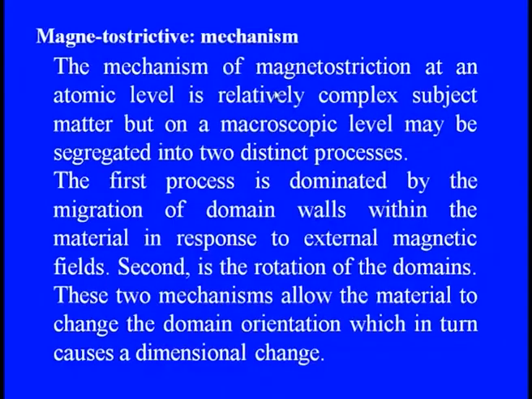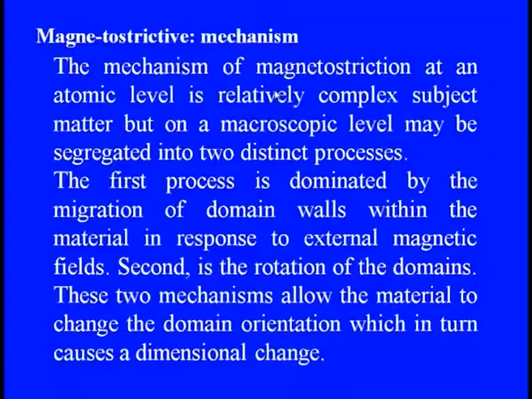The mechanism of magnetostriction at the atomic level is somewhat more complex, because at the macroscopic level we need to separate this concept into two main features. One is where the processes are dominated by the migration of domain walls within the material in response to external magnetic fields. So, we need to see what kind of migrations take place when we apply the magnetic field from outside.